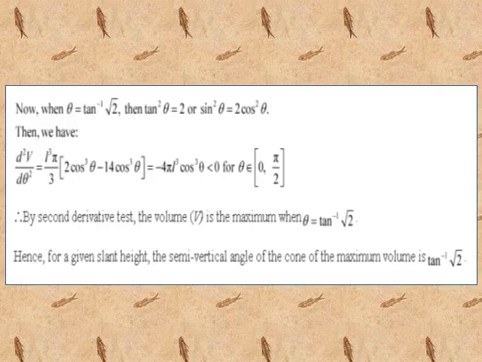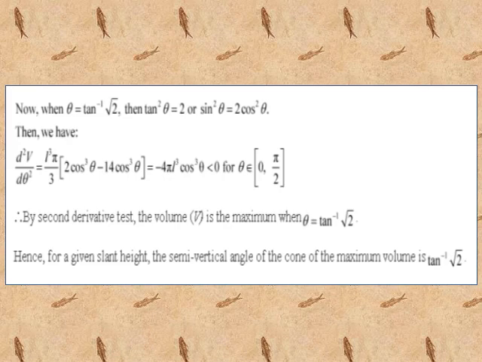Now when theta is equal to tan inverse root 2, we get tan square theta equals to what? 2, or sin square theta equals to 2 cos square theta. So since we have to check maximum and minimum, taking d2v upon d theta 2 and putting the value, we will get d2v upon d theta 2 equals to minus 4 pi L cube cos cube theta. Clear? And since theta belongs to 0 to pi by 2, cos is going to be positive, L is length, positive, so every term is positive and we have a sign of negative.